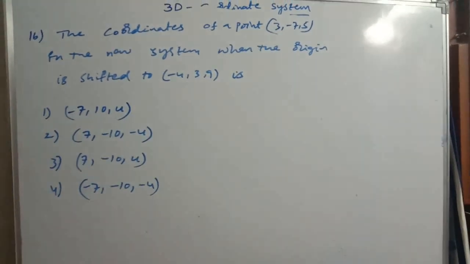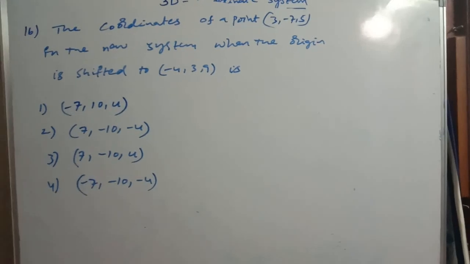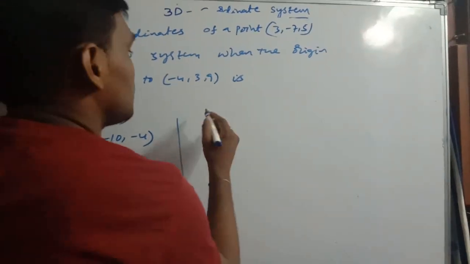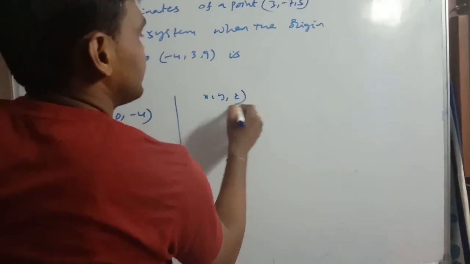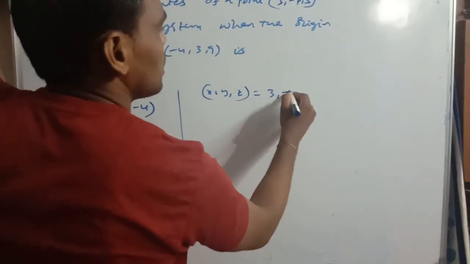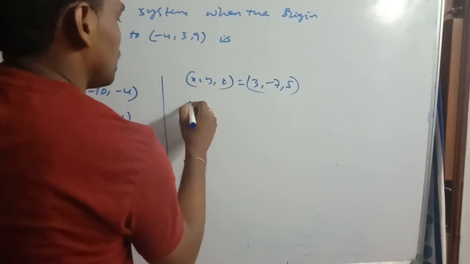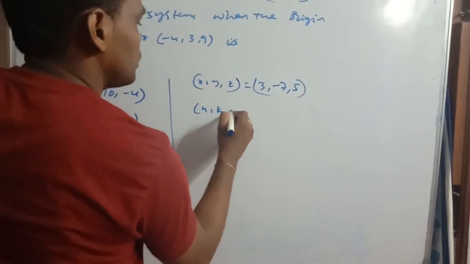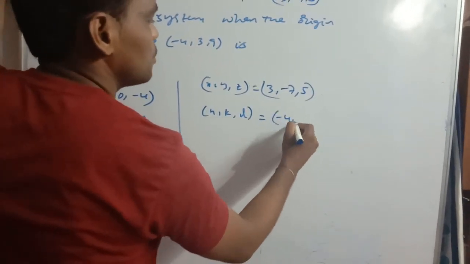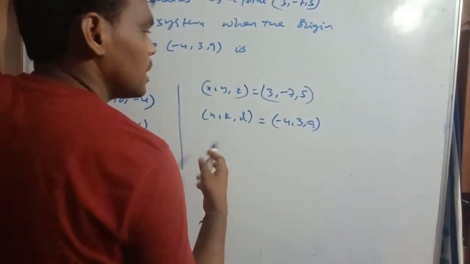Now here the original coordinates x, y, z is equal to 3 comma minus 7 comma 5 and the origin is shifted to the point h comma k comma l is equal to minus 4 comma 3 comma 9.